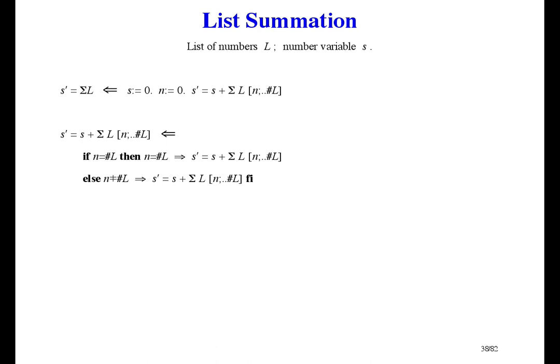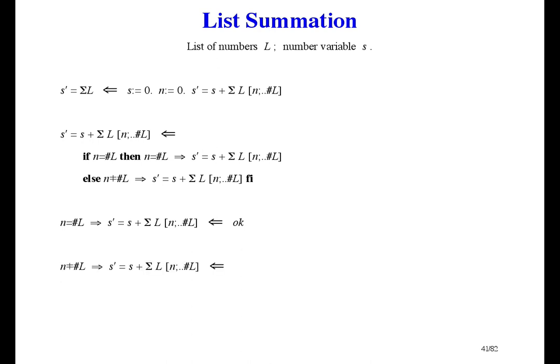Choosing the first of the new problems: if n is equal to the length of the list, then from n to the end is an empty segment of the list, so its sum is 0, and we just want s prime equals s. And that's okay. Putting it another way, if n equals the length of the list, execution is done.